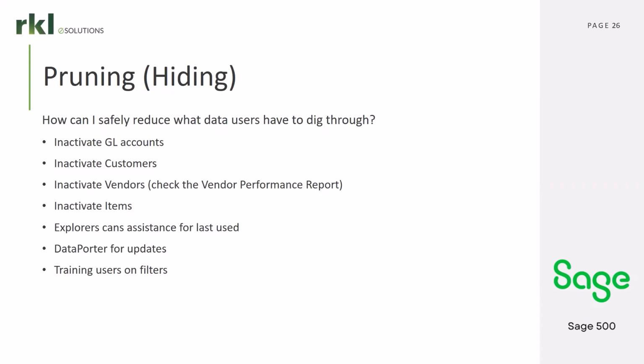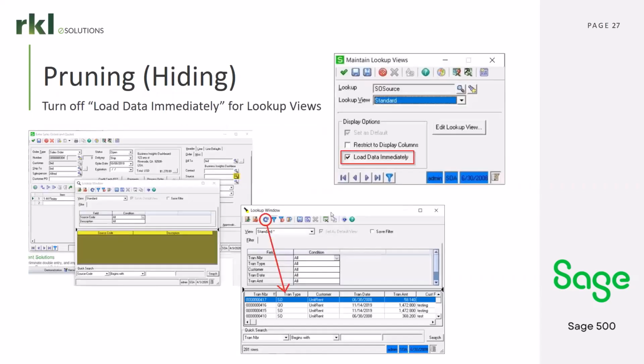The next thing you're going to want to do is train your users to create some custom filters and save those filters as default when they're opening. One of the things that you can do, which we have on one of our blogs, is turning off the load immediately for lookup views.